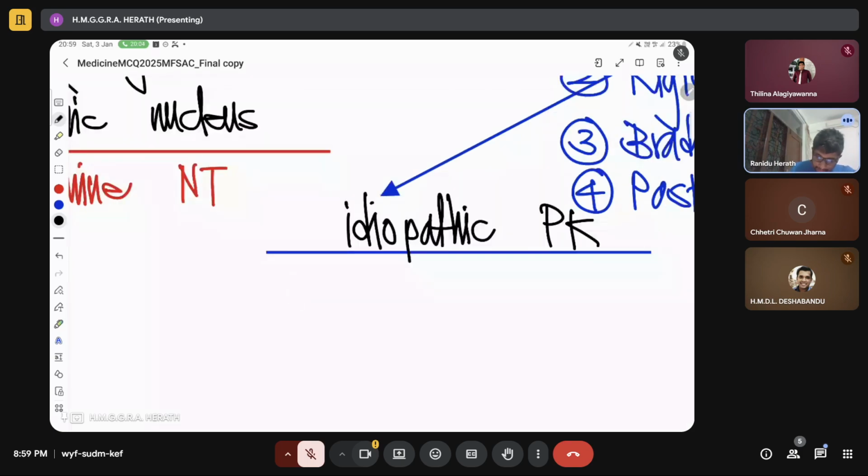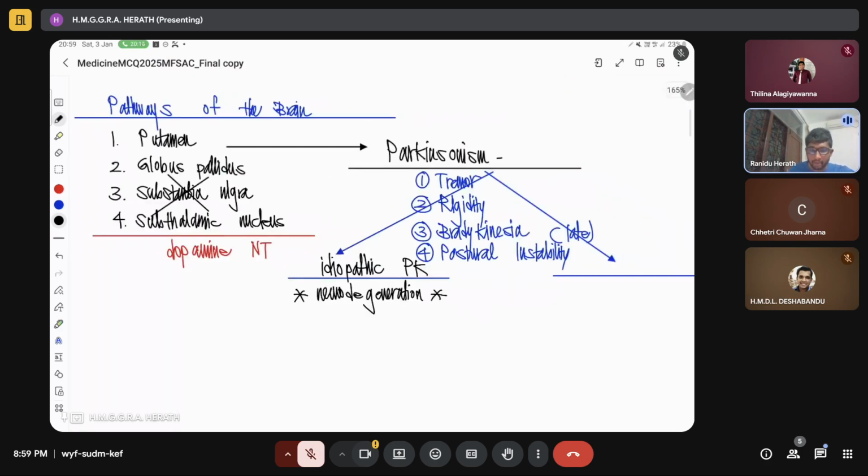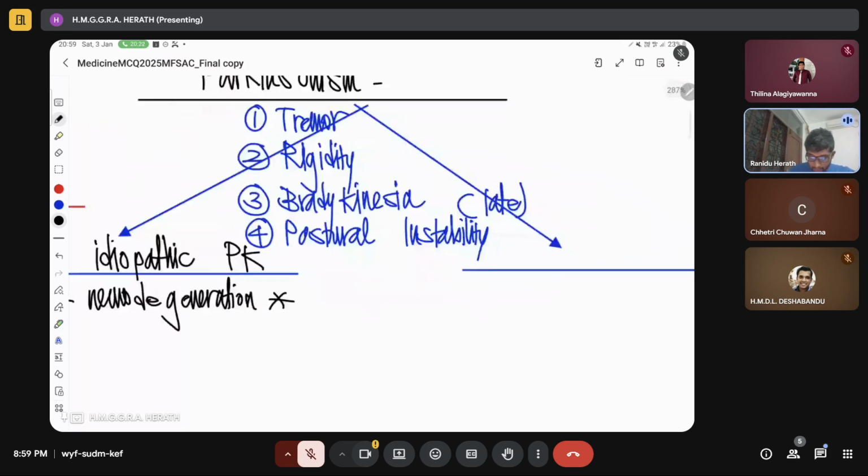The reason is neurodegeneration. So we don't know why this Parkinsonism took place. For some reason, the nerves in the substantia nigra have been dying, so all the dopaminergic pathways in the substantia nigra are diminished. Because of that, what you get is called idiopathic Parkinsonism.